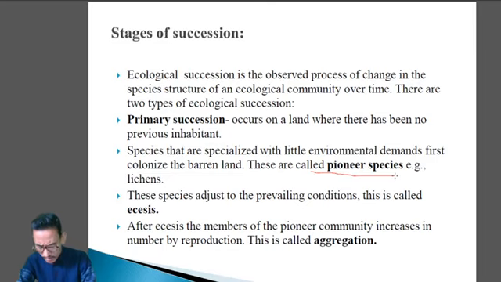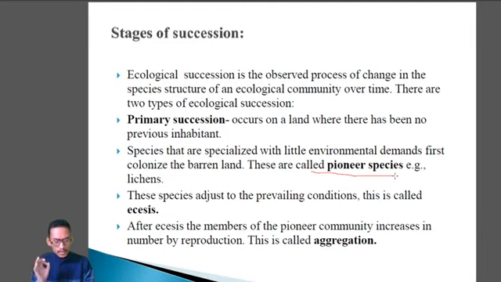Pioneer species are the first species to appear on the bare habitat where there was no existence of life. So write this one under pioneer species. It is the first community or species developing over a bare area. Write it down under pioneer species.